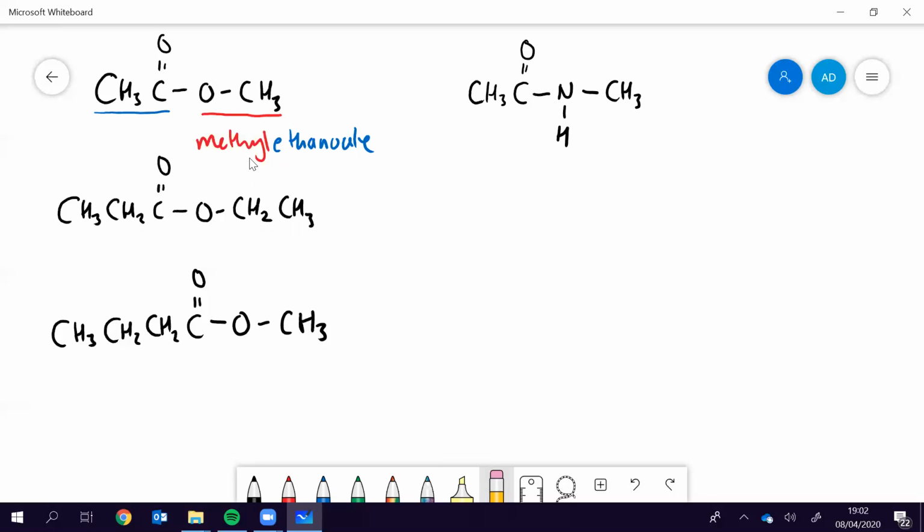Right, what would we call this one then? So you've got a methyl group there, and this bit here, you'd call this N-methyl ethanamide.